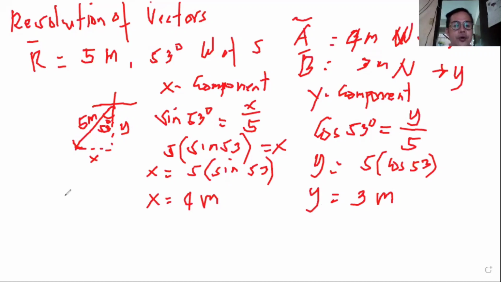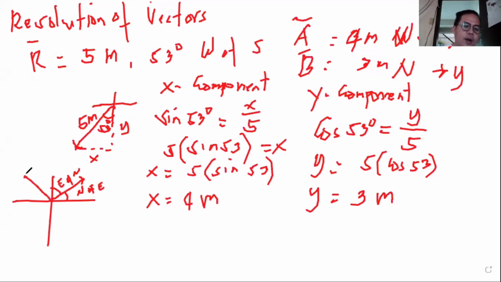That's why it is very important to know the direction. So remember our quadrants. This one is quadrant 1, and quadrant 1 has the direction north of east and east of north. Then we have quadrant 2, the direction is west of north and north of west.